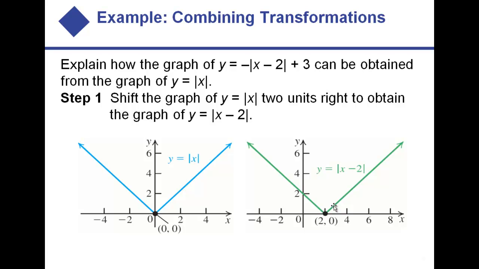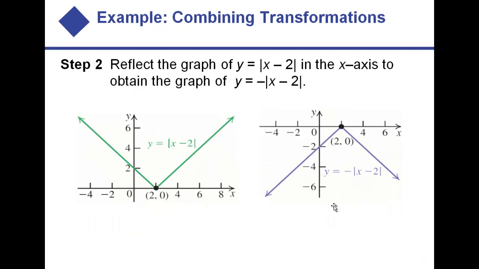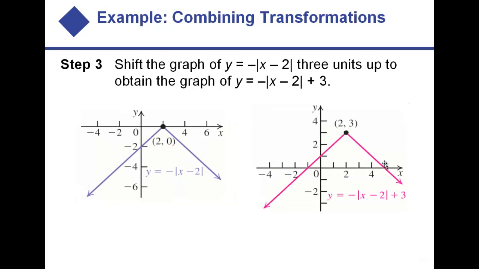Then the next step, we now use the negative on the outside. Order of operations, we move and see what's being multiplied by it. And that makes it flip top to bottom. So now it's kind of been turned upside down. And then finally, the last one is to put the plus 3 on it, which shifts it up. And there's our final solution for what the function looks like.